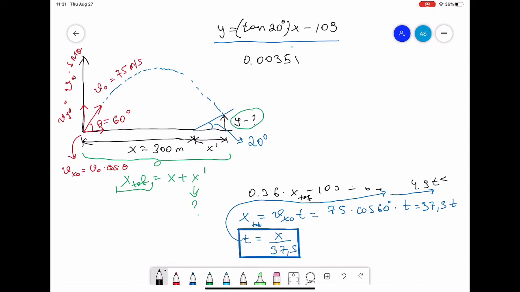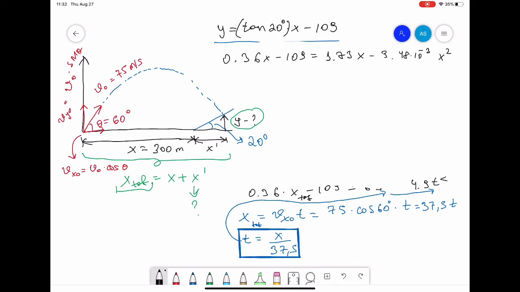Okay guys, just one moment, I just made a mistake here. What you will actually get is 0.36x minus 109 is equal to 1.73x minus 3.48 times 10 to the power minus 3 x squared.